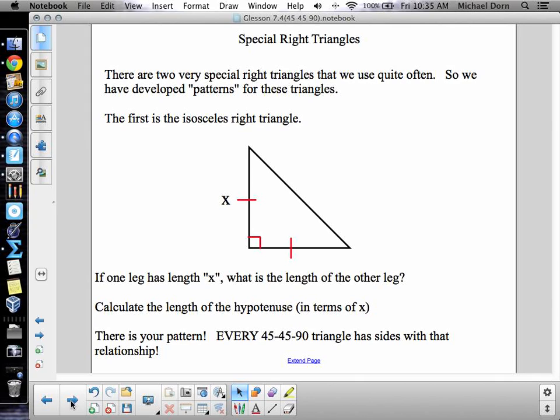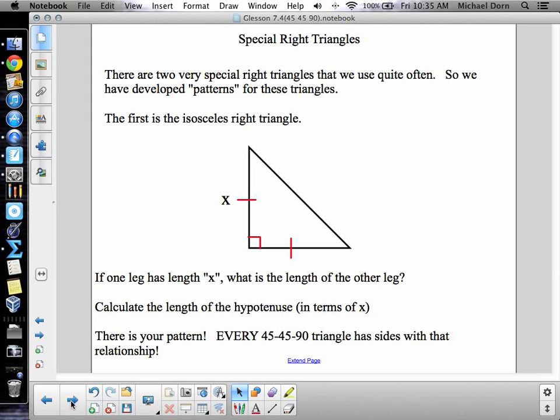All of them work heavily with radicals. So we work with square roots a lot in this section. The first triangle is what we call the isosceles right triangle, or more commonly referred to as a 45, 45, 90 right triangle, because the angles are 45, 45, and 90. That's why we call it that.